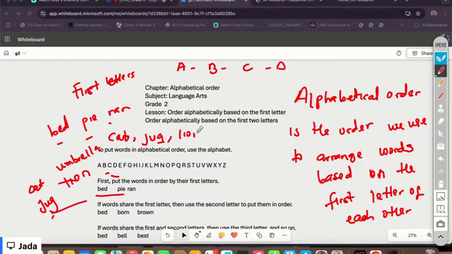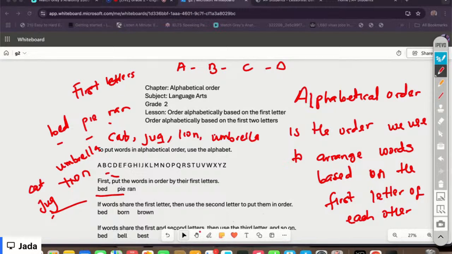Next, we will have lion, and then we will have umbrella. So this is the right order for this.